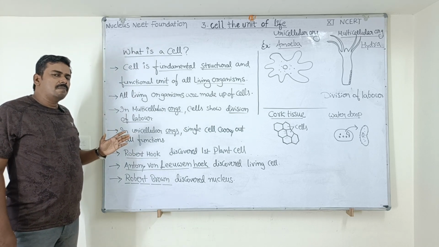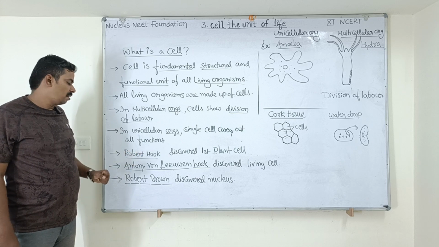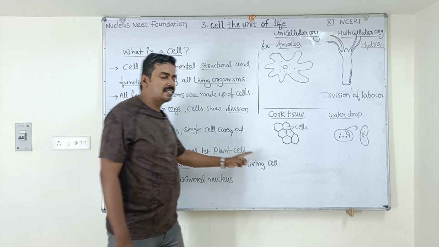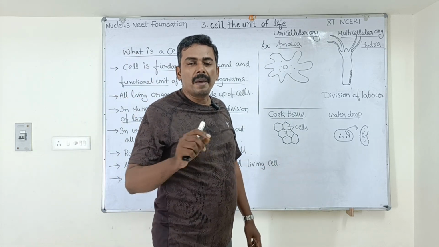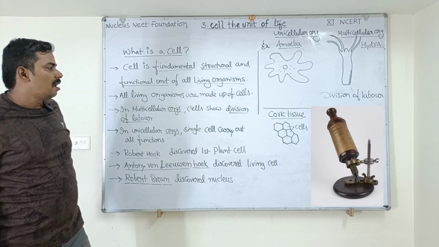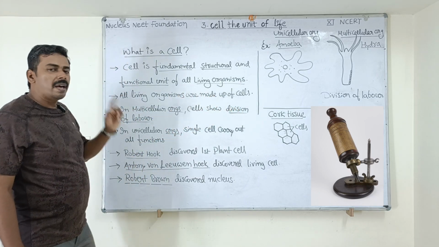For the first time, students, a scientist called Robert Hooke discovered the first plant cell under the microscope. The microscope was invented by himself. This is the microscope of Robert Hooke. Under this microscope, Robert Hooke saw the first plant cell.